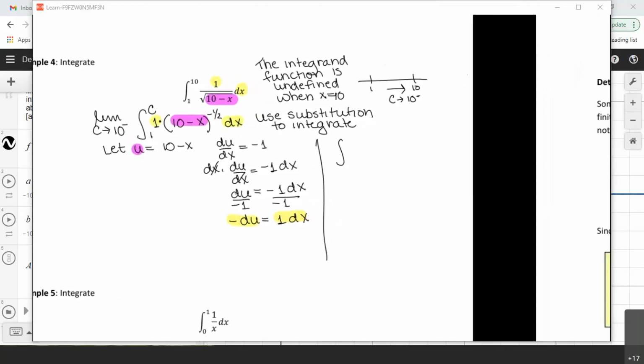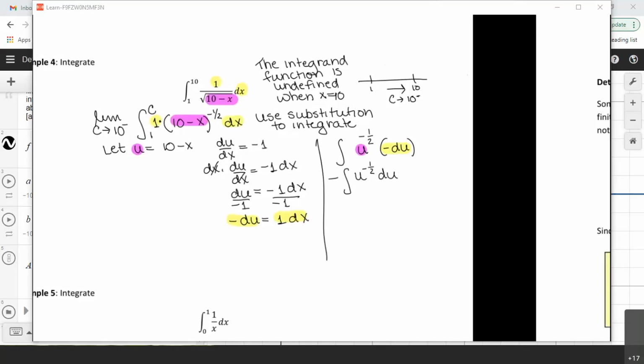So I'm going to write this as u to the minus 1/2 times negative du. There's my u, there's my 1 times dx. Everybody good with that? First thing I'm going to do is pull that negative sign through. That's like pulling a -1 out.